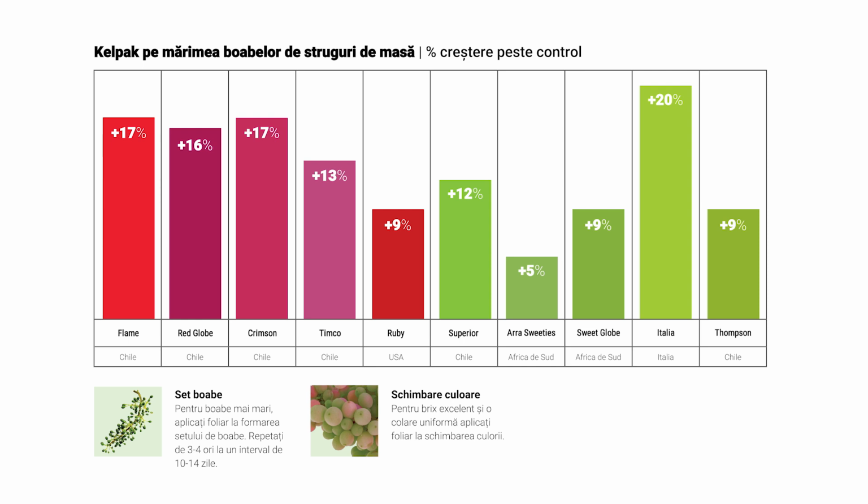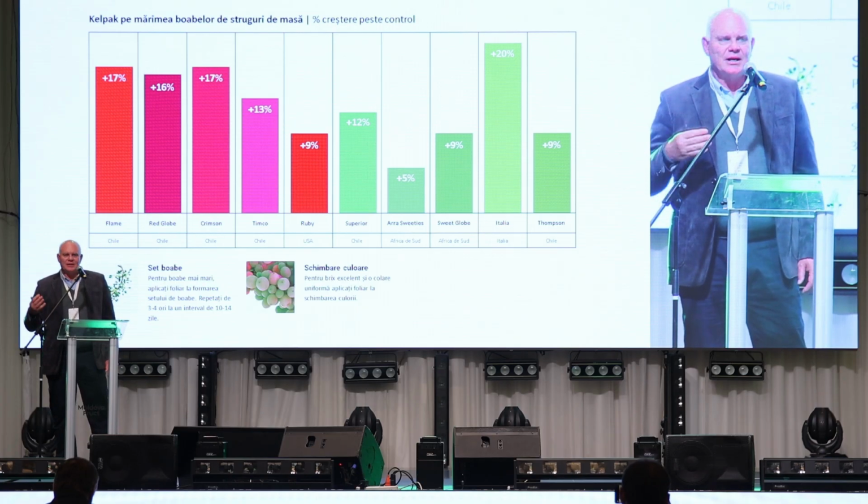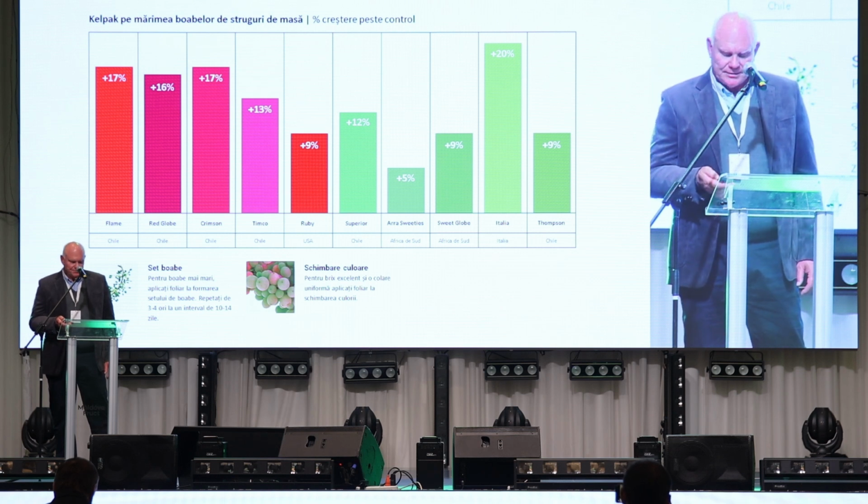Now, the most important application of our product to improve table grapes would be at fruit set, repeated 2 or 3 times. And in the case of colored grapes, red grapes, black grapes, we also see a more uniform color development if we apply at veraison and 10 to 14 days later.